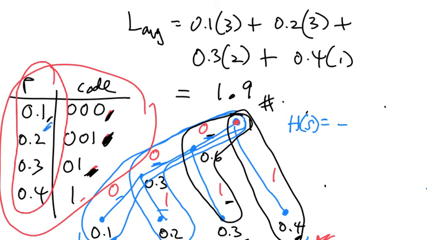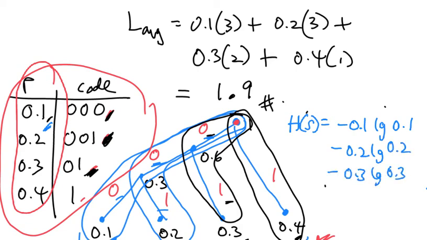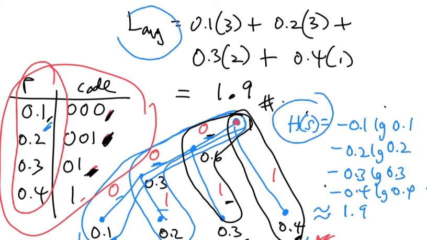Then we go on with the next probability, which is 0.2 log 0.2, minus 0.3 log 0.3, minus 0.4 log 0.4. And you press into the calculator. So the answer is quite close to 1.9. It's approximately, in fact, 1.9. So we can safely say that the average length is equal to the entropy of the input text. So in other words, this coding system is optimal.